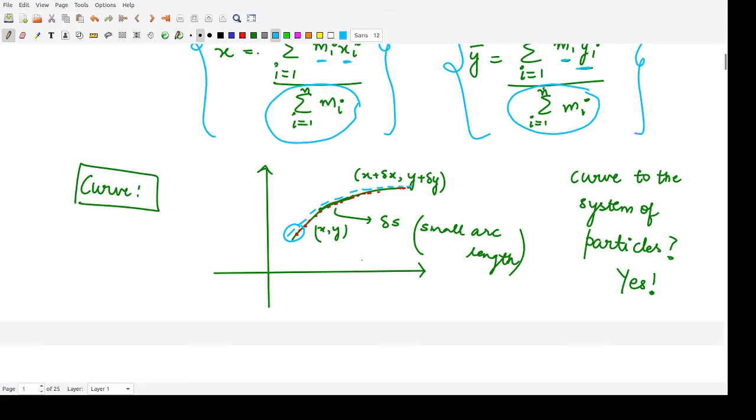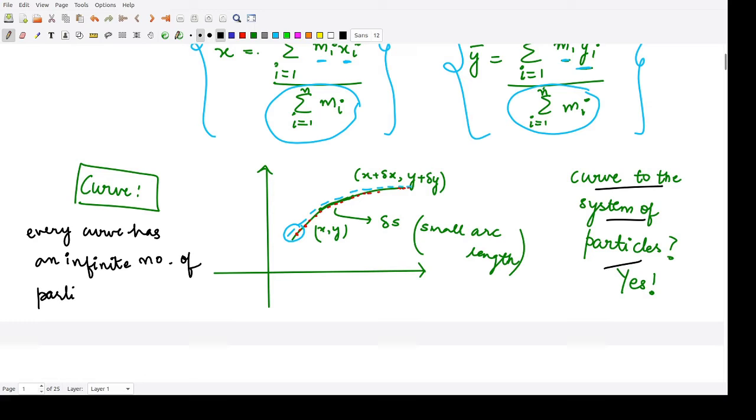Now suppose you have this curve. This curve is made up of a number of points, and the number of such points is infinite. So can we relate this curve to a system of particles? Yes, because every curve has an infinite number of points, an infinite number of particles embedded into it.